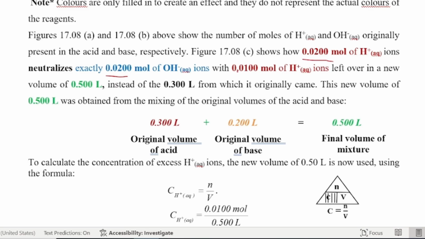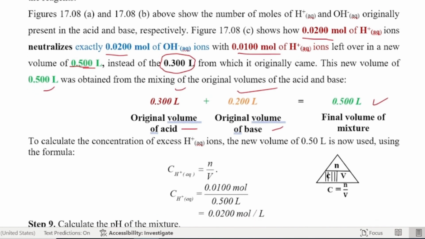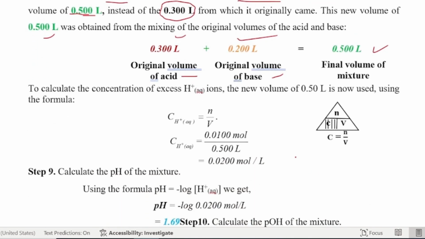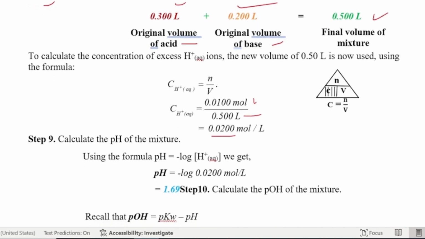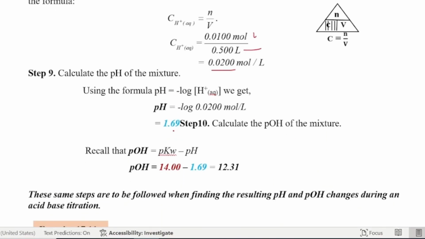And these are the leftover ions, number of moles, in this volume here, instead of 300. So go ahead now and find the concentration of this, which we did already, in that cylinder here, as equal to this over this, and that's the new concentration. Now that we know the formula for pH, pH is equal to negative log of H plus ion concentration.